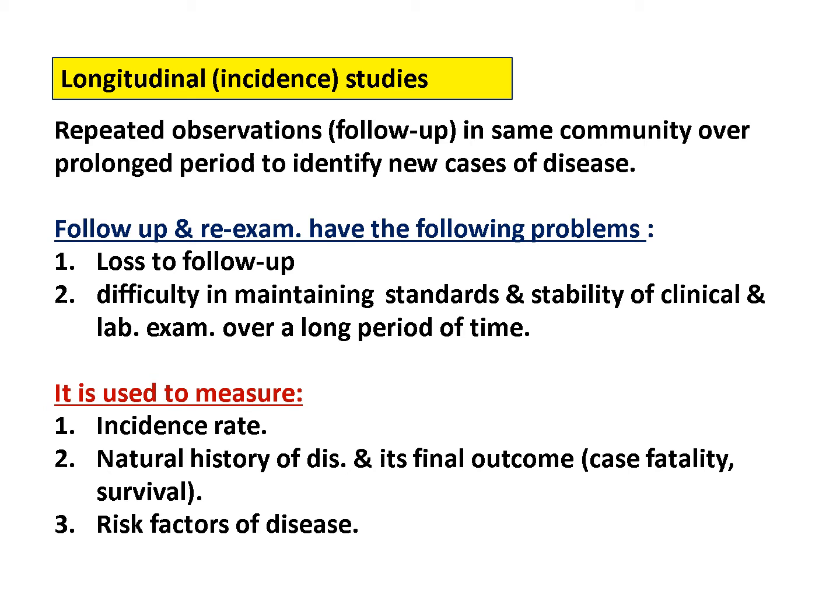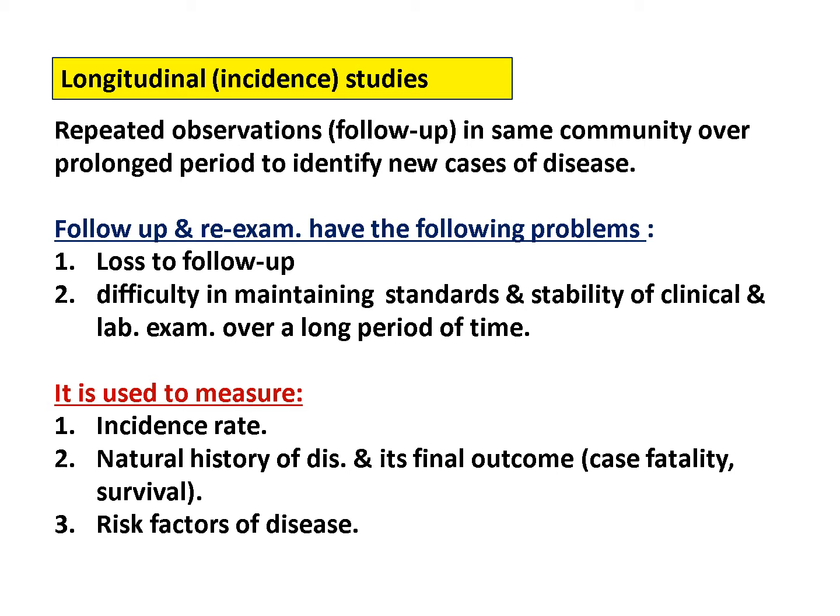Also, it's useful to detect the risk factors of disease, because we examine the patient or the groups more than one time, so we can find out which occurred first, the exposure or the disease.